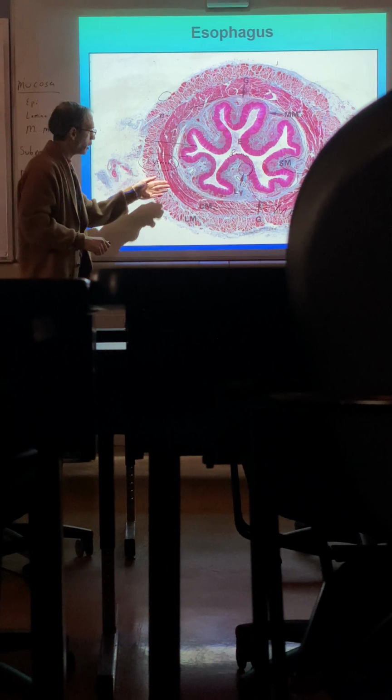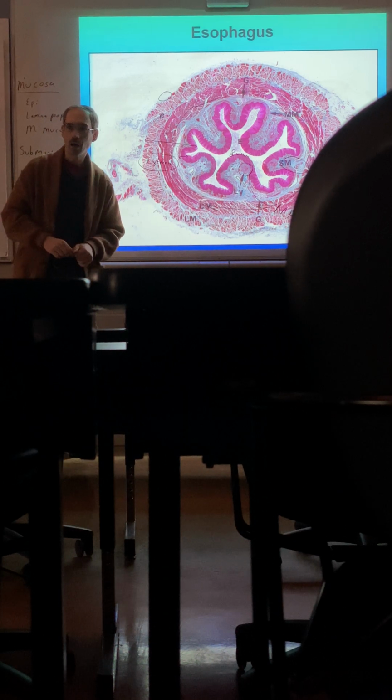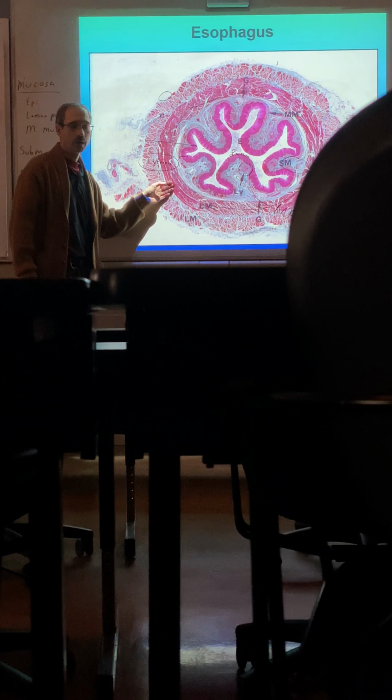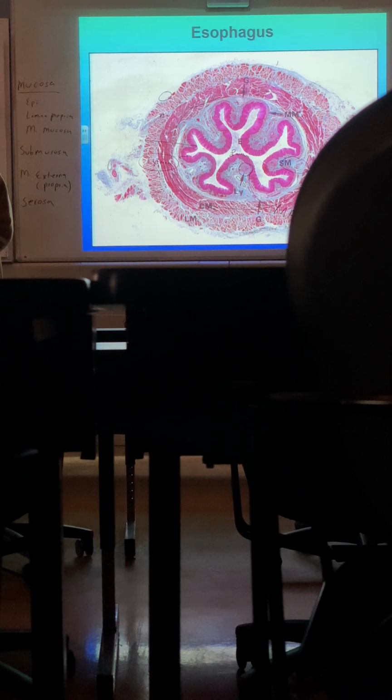A few things to know about that muscularis propria, that muscularis externa. Throughout the length of the esophagus, the composition of that externa will change. The proximal 1/3 of the esophagus, the externa, consists of skeletal muscle cells, rhabdomyocytes. The distal 2/3 of the externa is composed of smooth muscle cells.